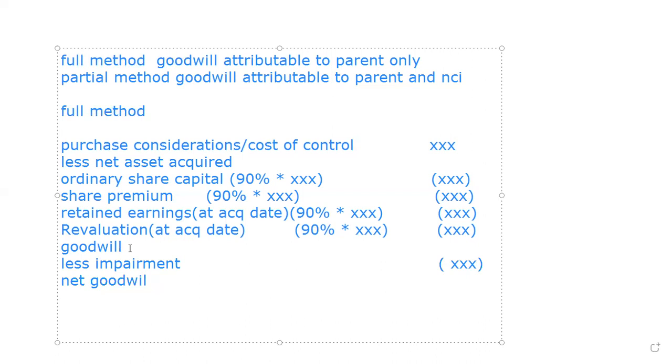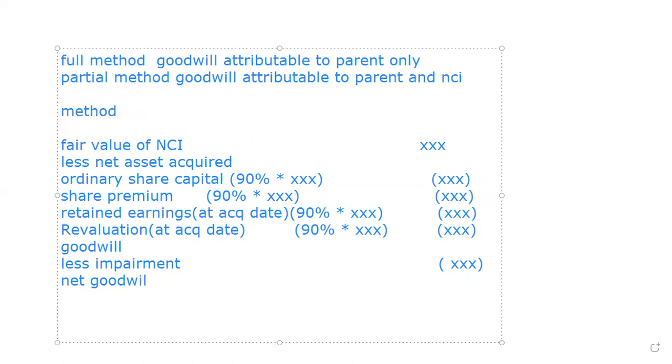Now we also determine the goodwill that is attributable to the NCI, which is the subsidiary. I don't want to repeat everything again, so here we are doing the partial method.